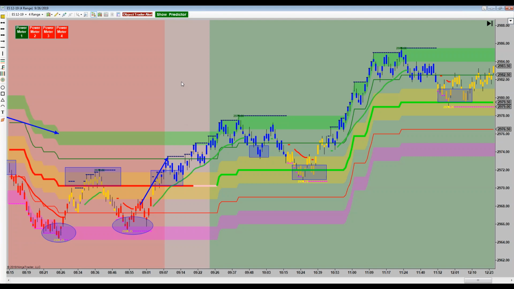So for the most part, and this isn't always true, but a very high percentage of the times, if you get a sufficient thrust or push in an opposite trend direction, and it triggers that transitional background, you can let this box go either way, right? You can let that box go either way. In which case, you would have caught the first leg of the long here.